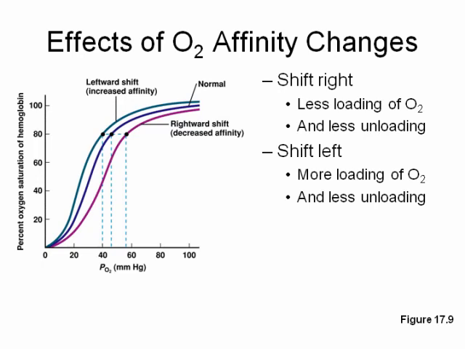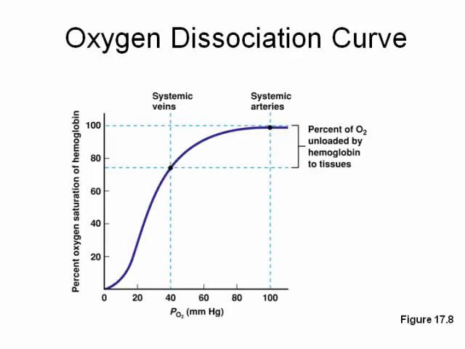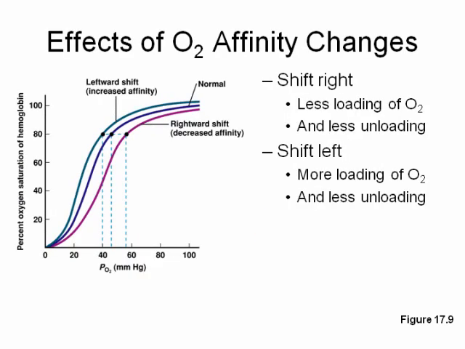There are factors that can change this curve. This is the same curve on this slide, but this middle curve was the one we were seeing on the previous slide. In this case, we're shifting it to the right, which means a decreased affinity of hemoglobin for oxygen. So there's less loading of oxygen, that is, the hemoglobin takes on a smaller load of oxygen, as well as less unloading.